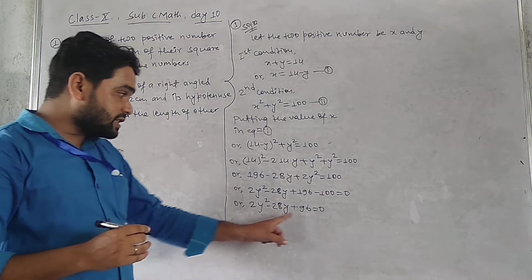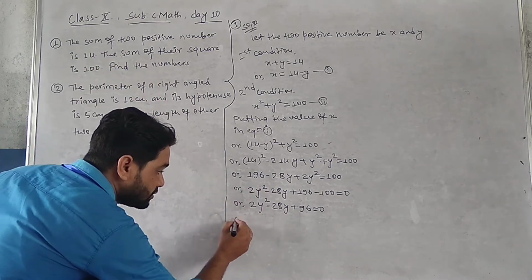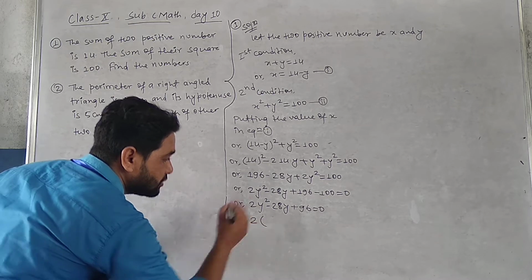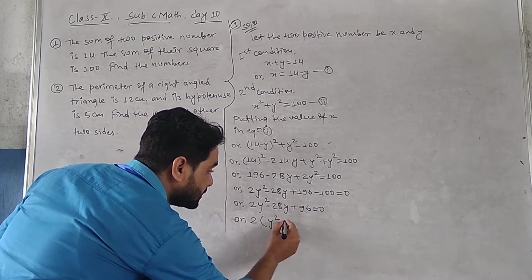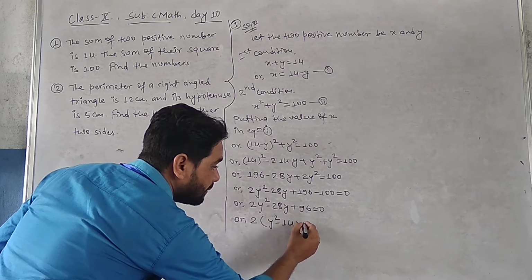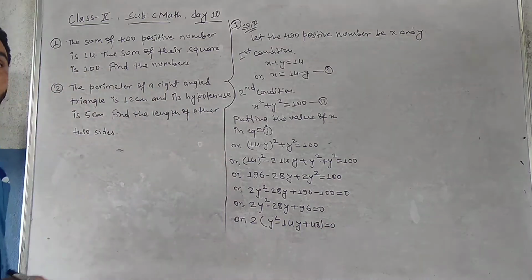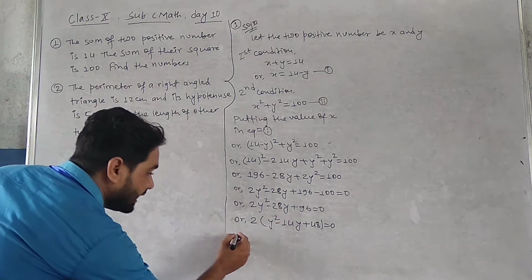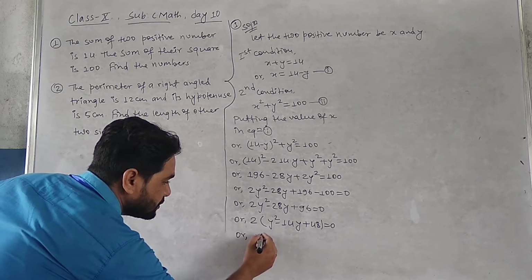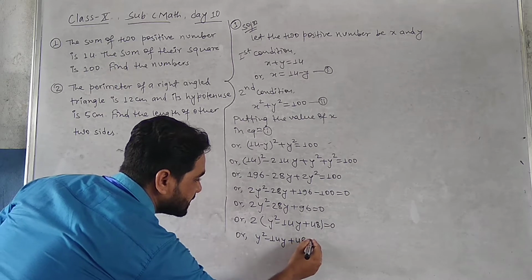Now 2 is common in each term, so take out 2 as a common. We get y square minus 14y plus 48 equals 0.